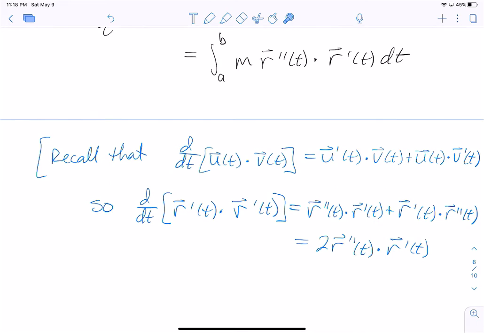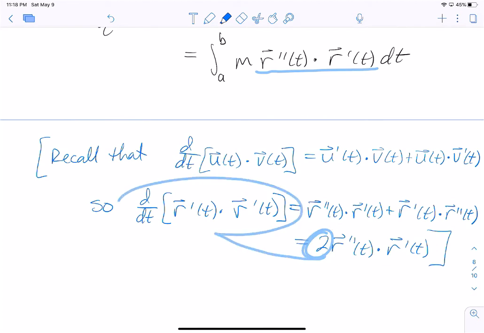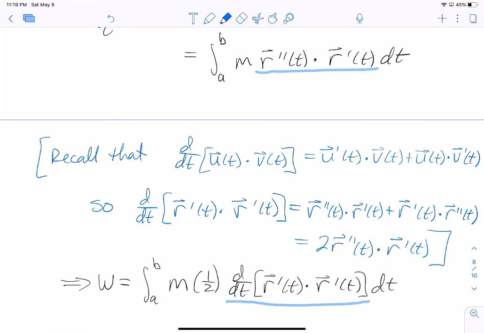This is a result from a previous section. So back up to our integral, r double prime of t dot r prime of t can be replaced by half of the derivative with respect to t of r prime dot r prime.